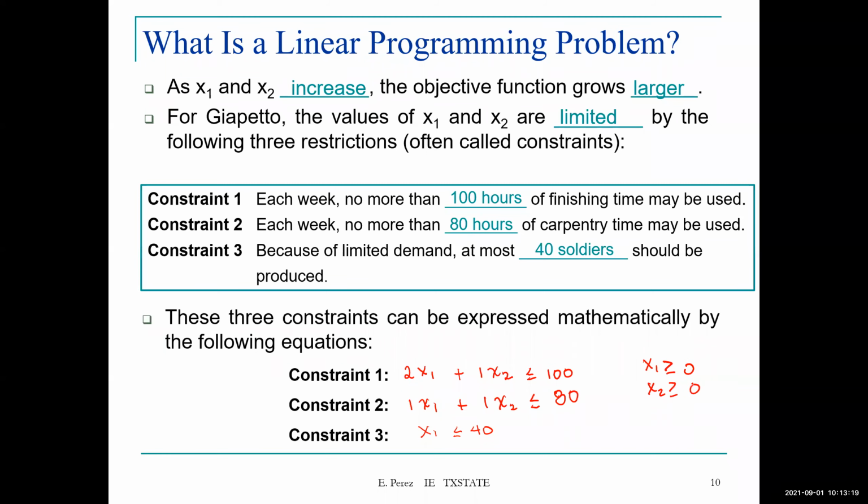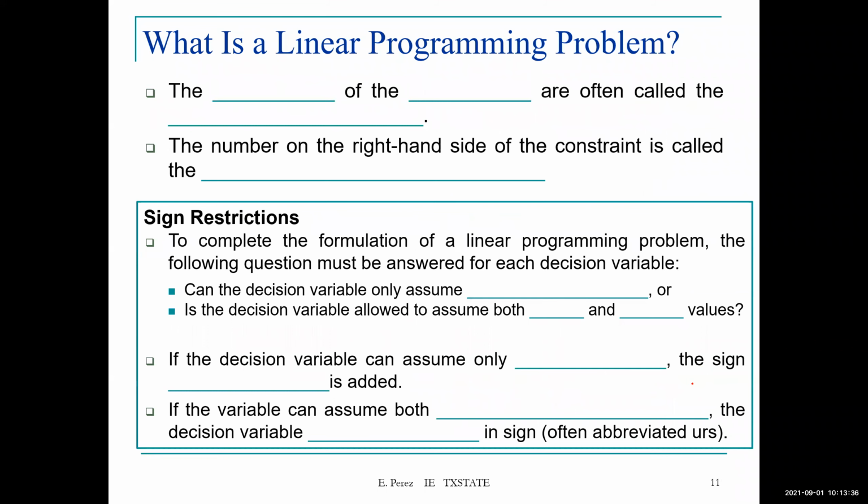So the minimum value that those variables are going to assume is 0. Okay, so the coefficients of the constraints are often called the technological coefficients.